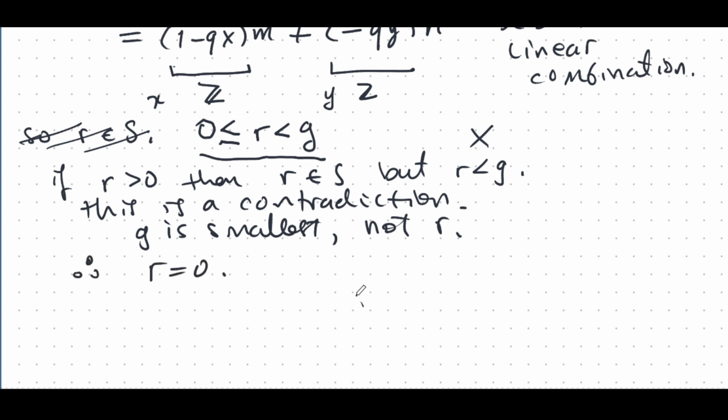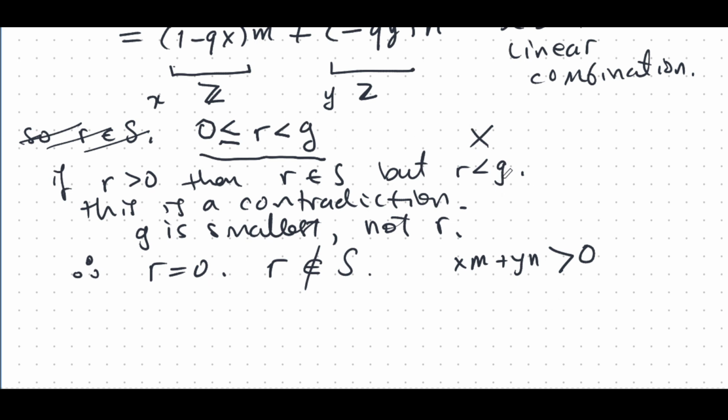You have to keep R out. It must not be an element of S. And the way to do that is to make it 0, because remember, S contains elements of the form XM plus YN, which are strictly positive.